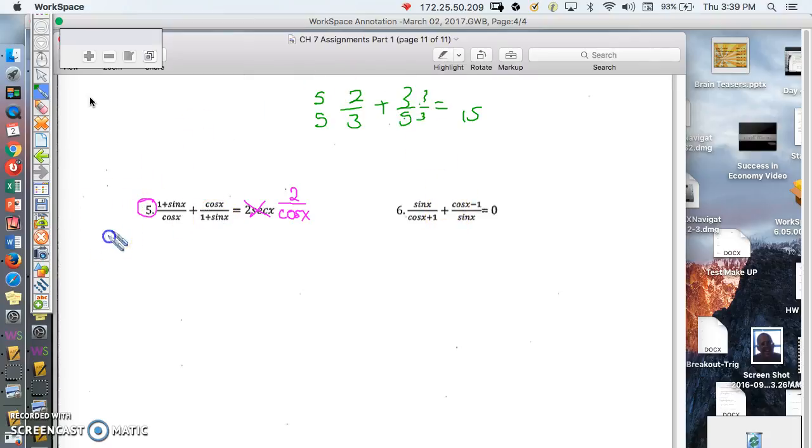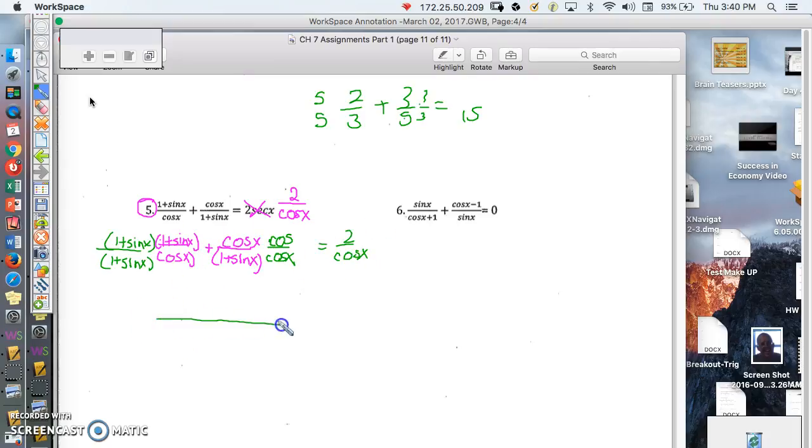So over here, I'm going to have to multiply 1 plus the sine of x, 1 plus the sine of x, times this original part we have, 1 plus the sine of x over the cosine of x, plus cosine x over 1 plus the sine of x. But over here we need a denominator of the cosine, so times cosine over cosine equals 2 over the cosine of x. So now that denominator, we have 1 plus the sine of x times the cosine of x.